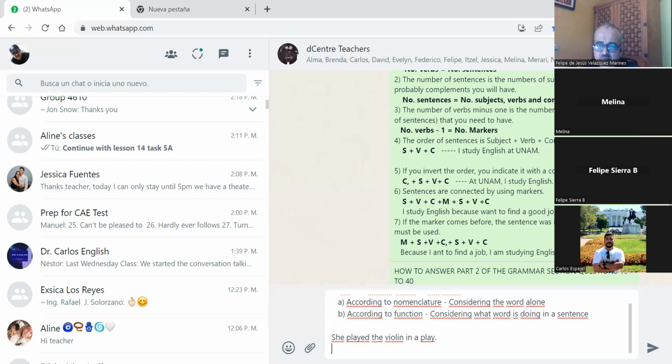So what do you have to do when a student asks, teacher, what does the word play mean? You have to tell the student, show me the sentence in which you found that word. This one: I went to the theater and enjoyed a beautiful play. Aquí play es una obra de teatro.